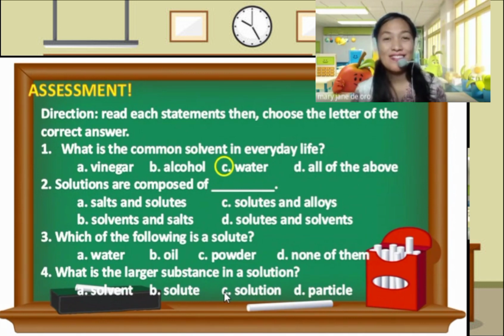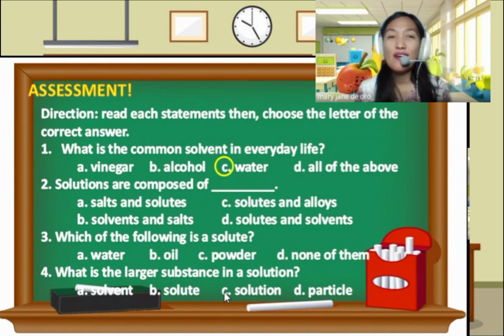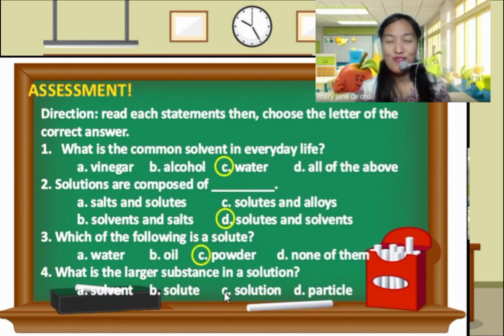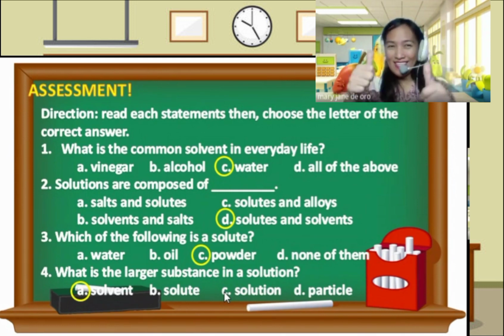Letter C. You got it? Let's check. Number two, solutions are composed of solutes and solvent. It's letter D, and I will check for you. Which of the following is a solute? It's the powder. Therefore, I check for you again. And what is the larger substance in a solution? It is the solvent. Now, if you get four correct answers, very good.